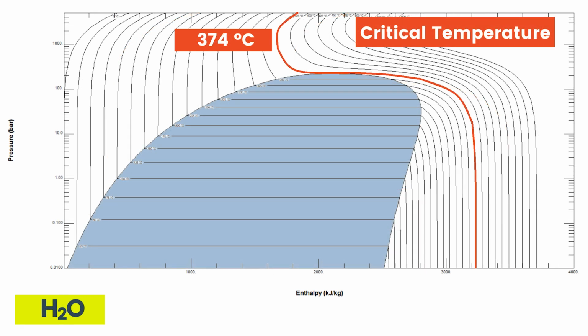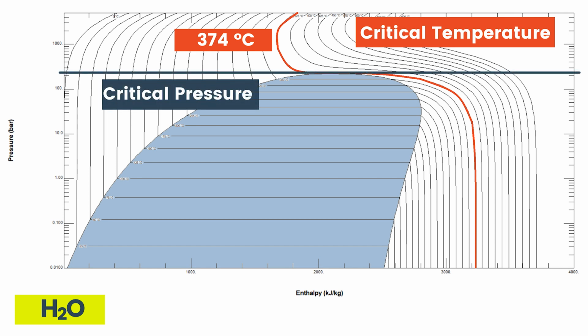This critical temperature corresponds to a critical pressure, which is that horizontal line I asked you to draw earlier across the top of our two-phase region. The critical pressure is simply the pressure required to liquefy a substance when it's at its critical temperature. For water, that's 221 bar.